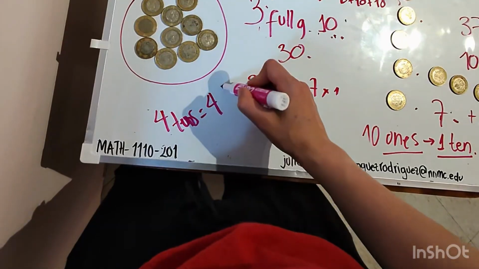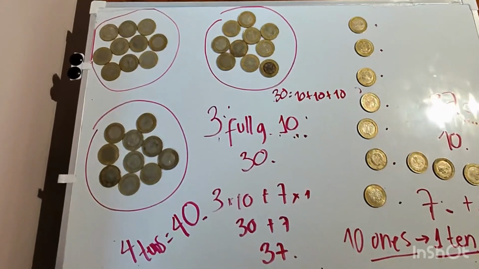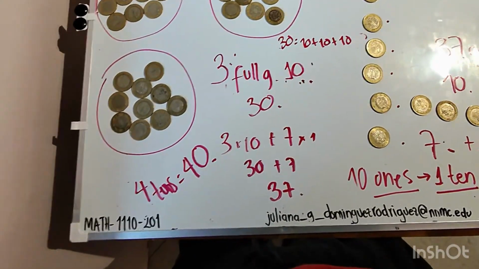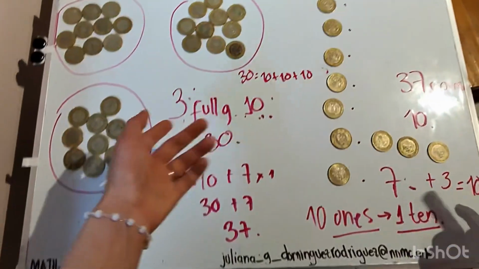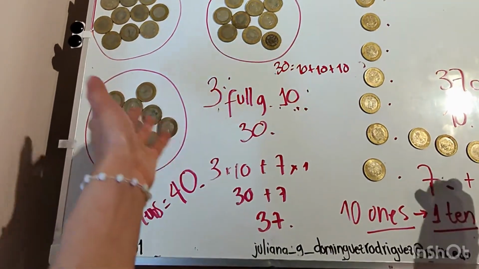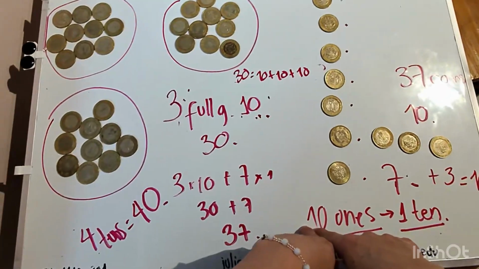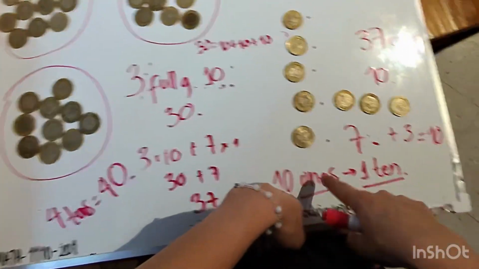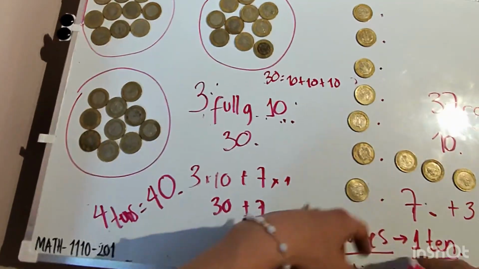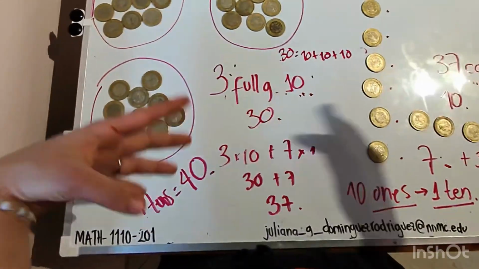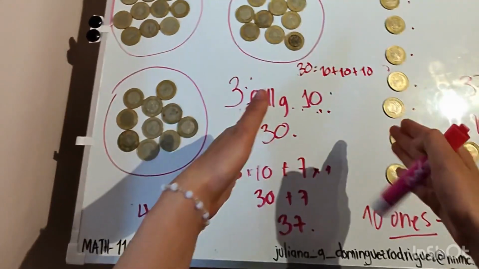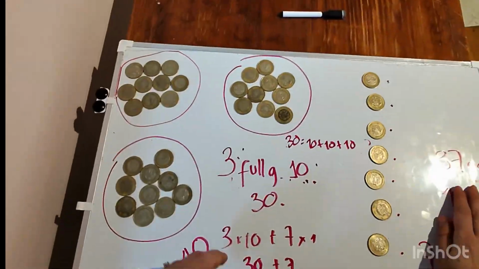That means 40 coins. This helps to understand that in the base 10 system, every time we collect 10 ones, we regroup them into 1 ten. I would explain that the number 37 is made up of 3 tens and 7 ones.